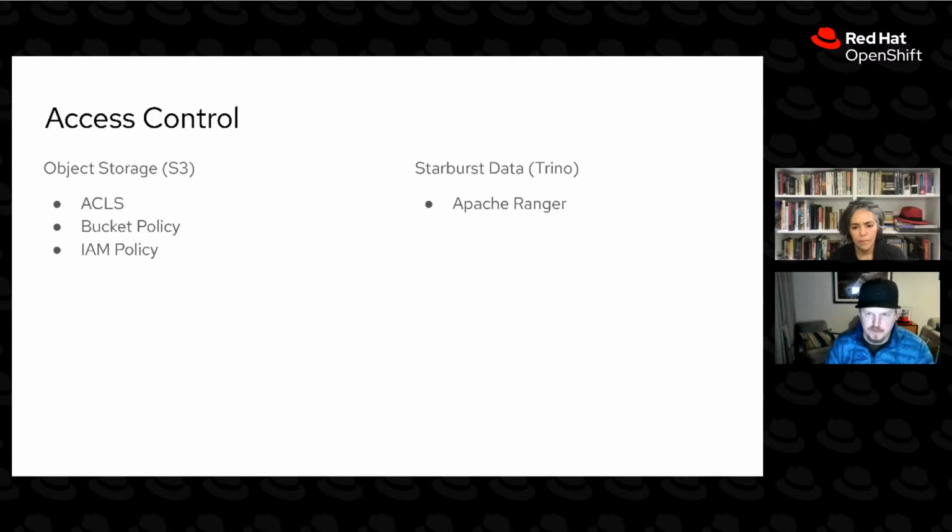And bucket policy is pretty rich. You can say that these roles or these named principals are able to access either the entire bucket, or you can limit the API operations they're able to make for that bucket, or a prefix of the bucket, or objects in the bucket with particular labels.